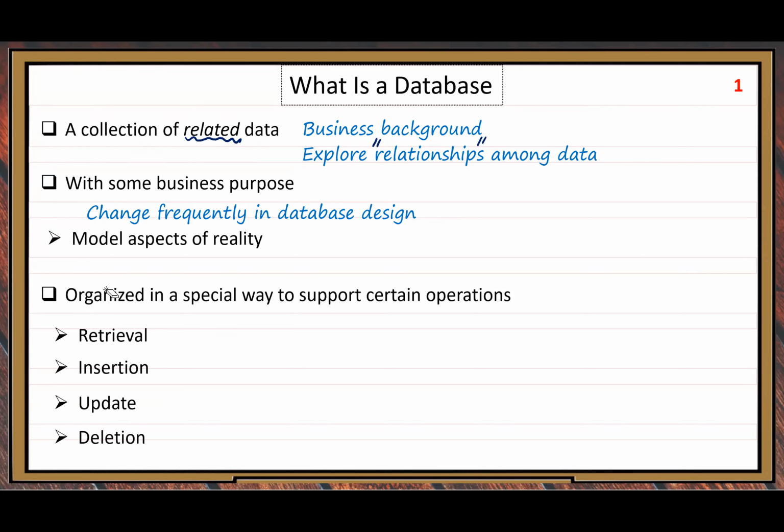So these 4 basic standard operations are used when we manipulate our data, and we use the SQL language, SQL, structured query language. That is the industry standard. Industry standard.